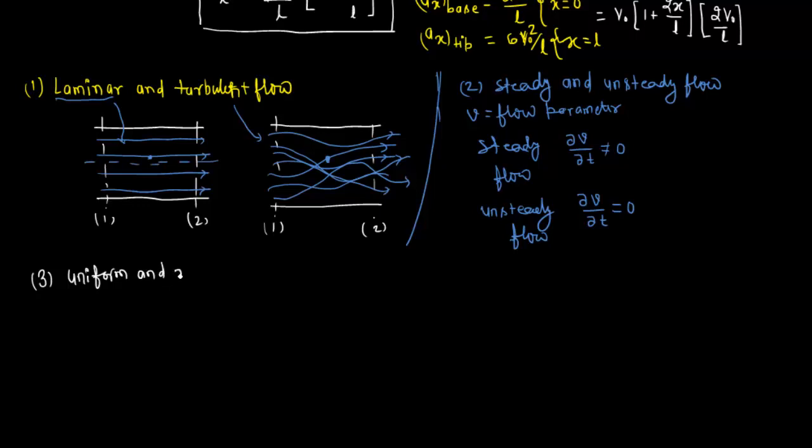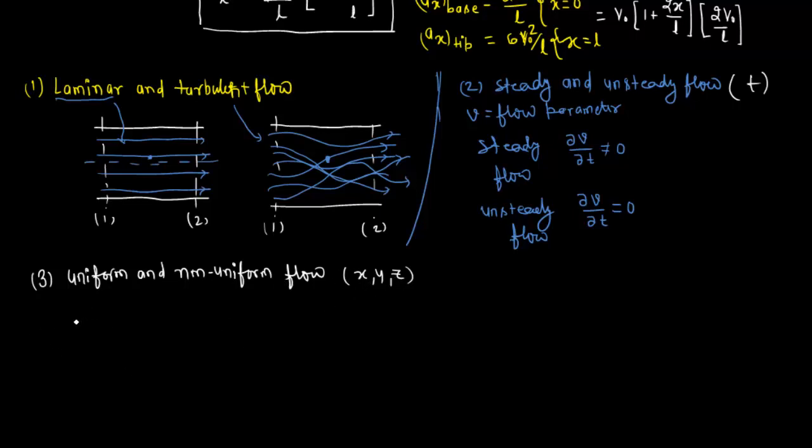As I defined steady and unsteady flow based on time, uniform and non-uniform flow is based on space parameters, meaning it is based on x, y and z.